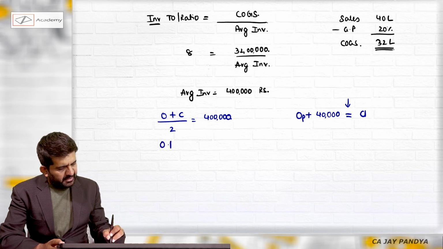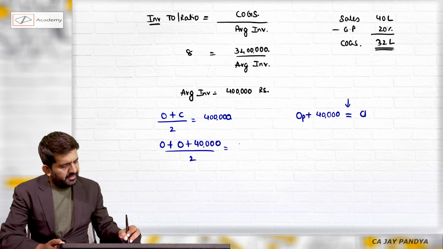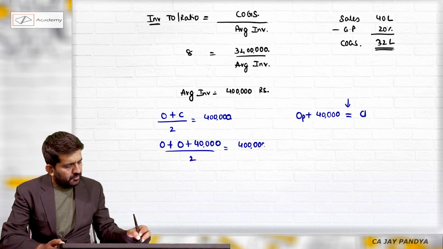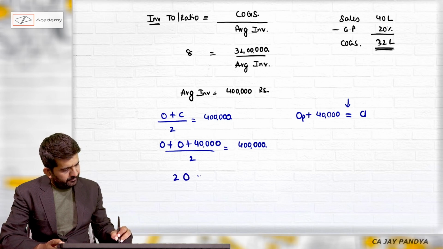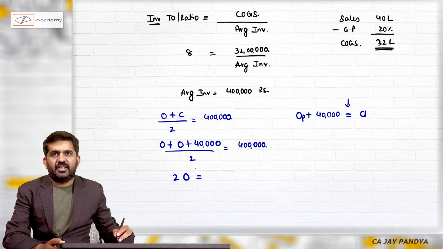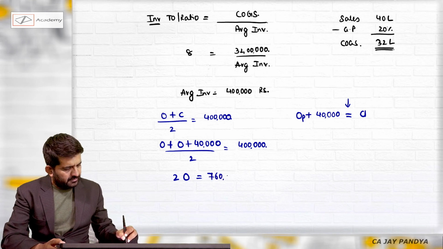Instead of closing, I write opening plus 40,000, divided by 2, equal to 4 lakh rupees. 2 opening is equal to 8 lakh minus 40,000, which is 7 lakh 60,000.